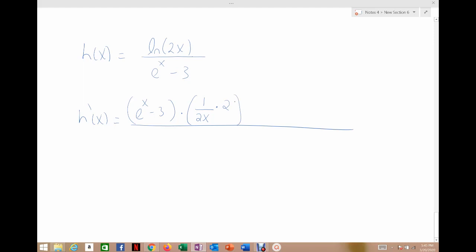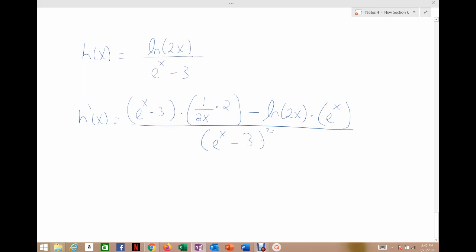Minus the high, which is the natural log of 2x, times the derivative of the low, which is the derivative of e to the x, just e to the x, and the negative 3 is a constant that will zero away. And then don't forget, it's all over that bottom function squared, the whole thing, so make sure you put parentheses around it.